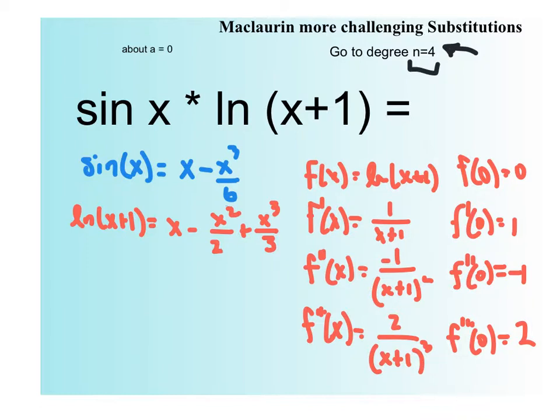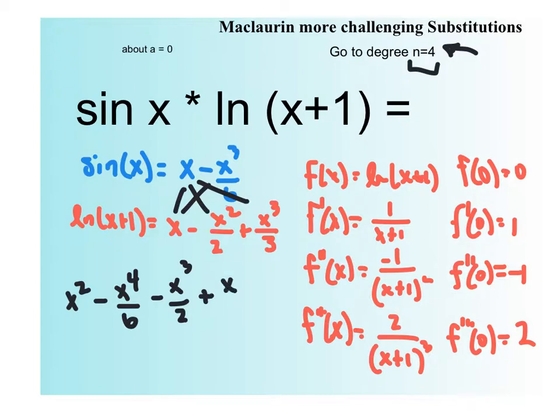So I'm just going to multiply both of the functions together to get a 4th degree polynomial. So I would get x squared, and then I would get, looks like negative x to the 4th over 6, and then I would get negative x cubed over 2, and then I would get x to the 4th plus x to the 4th over 3.